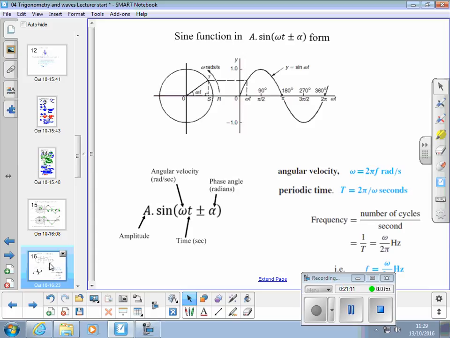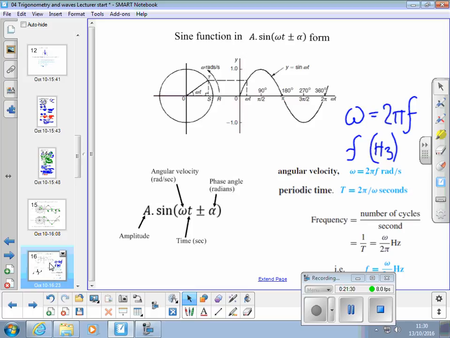But always remember, if you see omega, omega always equals 2 pi times the frequency, where f is in hertz, or cycles per second, as our American friends used to call it.